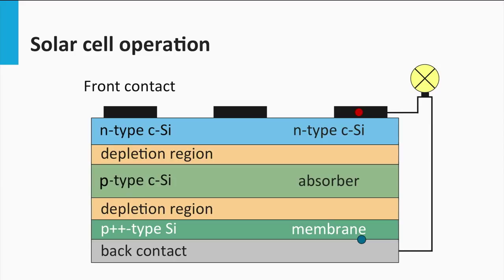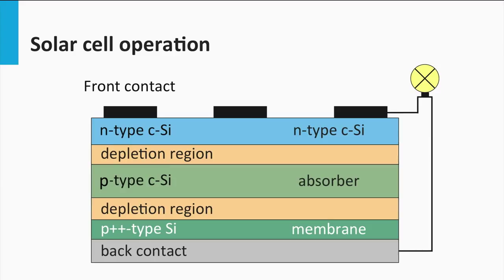Then the charge carriers have to be collected at the contacts. In this example, the contacts are connected with a load, in this case a lamp. The electron will move through the load back to the solar cell. Both charge carriers recombine at the metal p-layer interface.